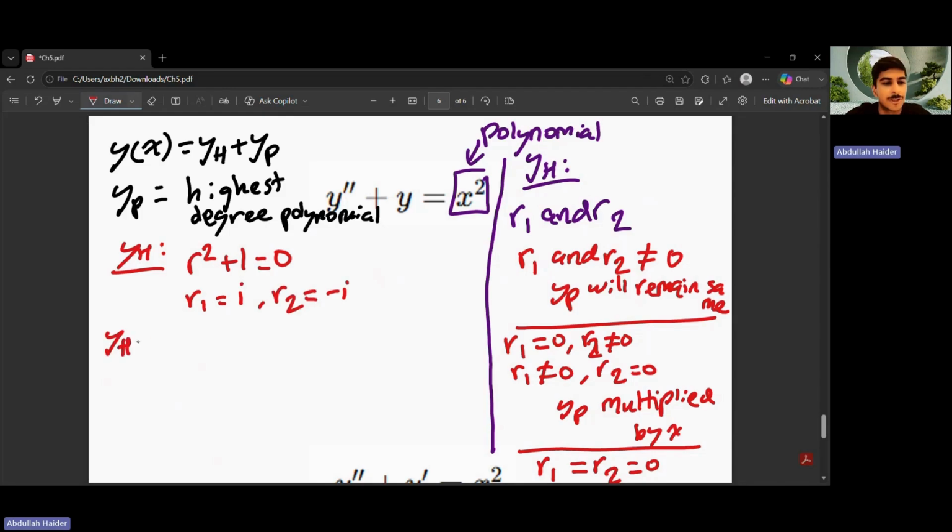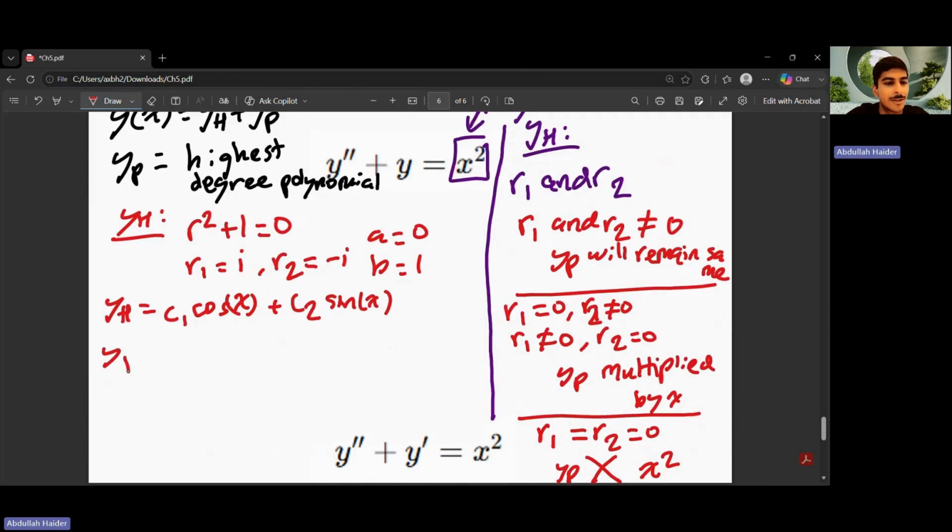So this is the complex root. Your a is equal to 0, and b is equal to 1. So c1 e power 0, which is 1, multiplied by cosine x plus c2 sine x. So this is your homogeneous solution.